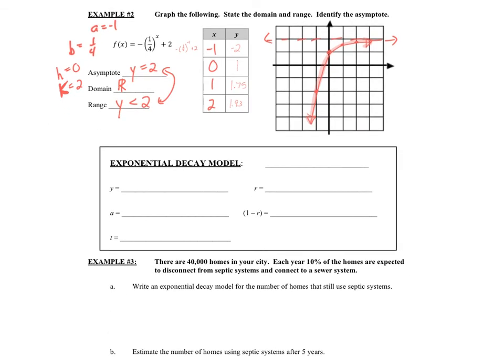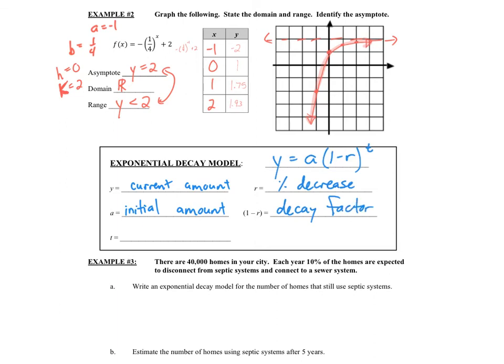Okay, the last part, we're just going to talk about the model. So a decay model will look like this. y equals a times 1 minus r to the t power, where y is the current amount or the balance. a is the initial amount. r is the percent decrease, so to say it's like decreasing by 5%. 1 minus r is the decay factor.